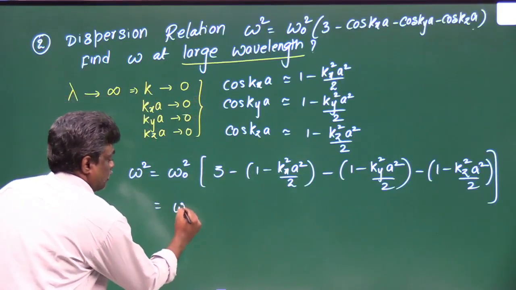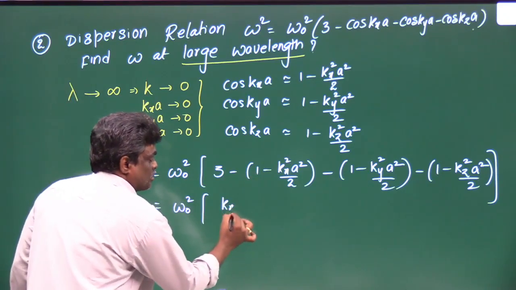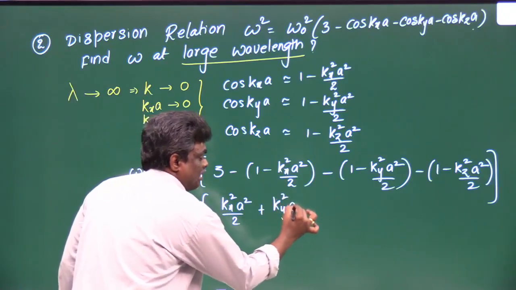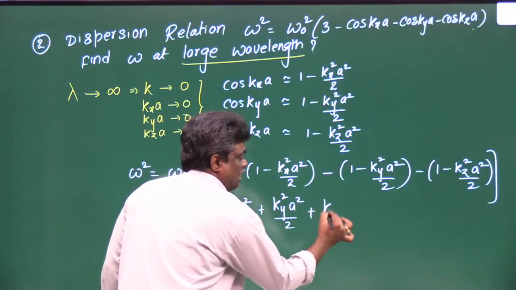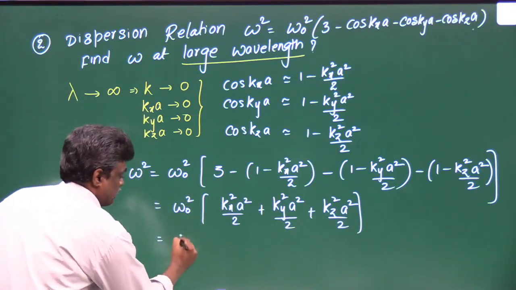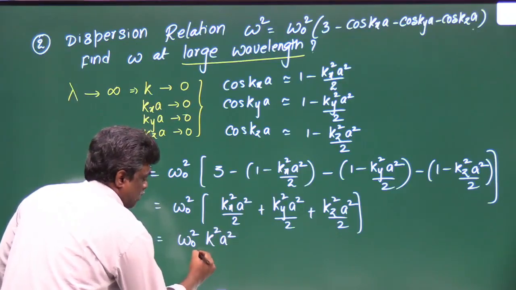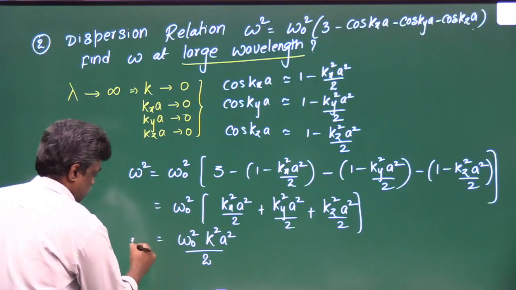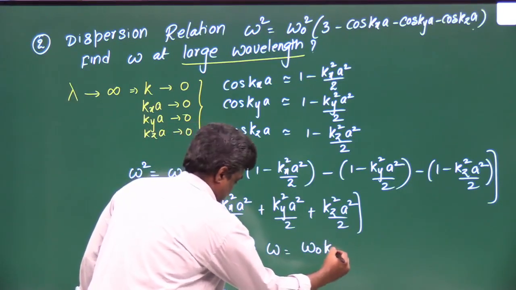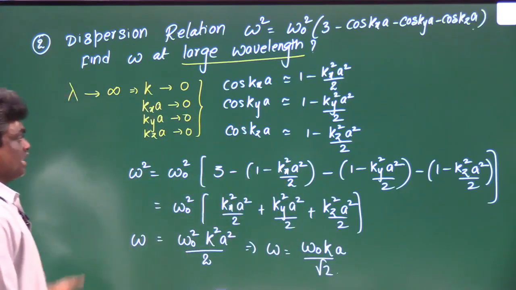Finally we are left with omega naught square, minus of minus is plus, kx square a square by 2 plus ky square a square by 2 plus kz square a square by 2. So this can be written as omega naught square k square a square by 2, which gives omega equal to omega naught ka by root 2. Clear? That's it.